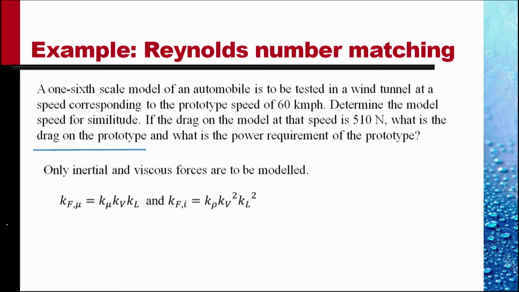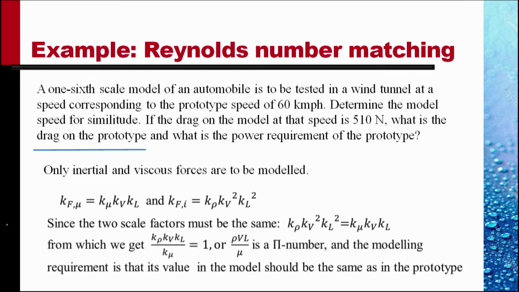As we have just seen, K f mu, the viscous force scale factor, is K mu Kv Kl, and the inertial force scale factor is K rho Kv square Kl square, just obtained. The two scale factors must be same, and from this we get K rho Kv Kl divided by K mu is equal to 1. Or from this we can obtain rho V L by mu as a pi number.